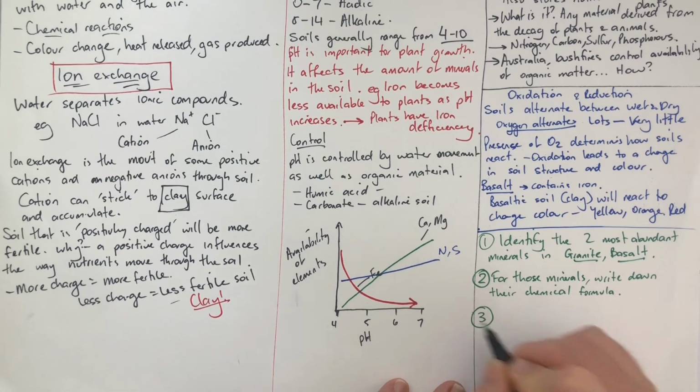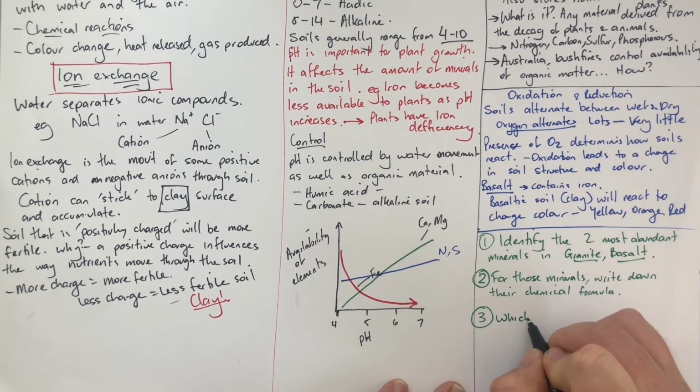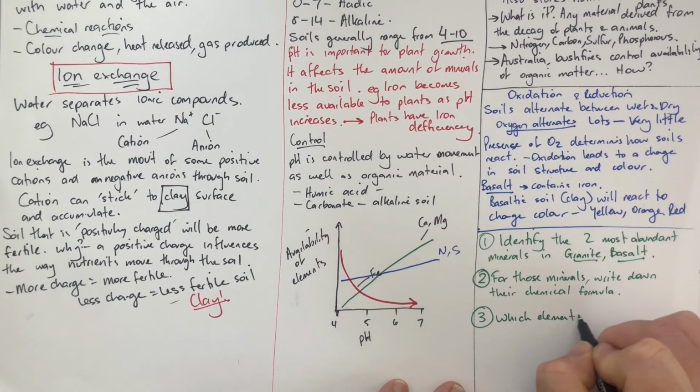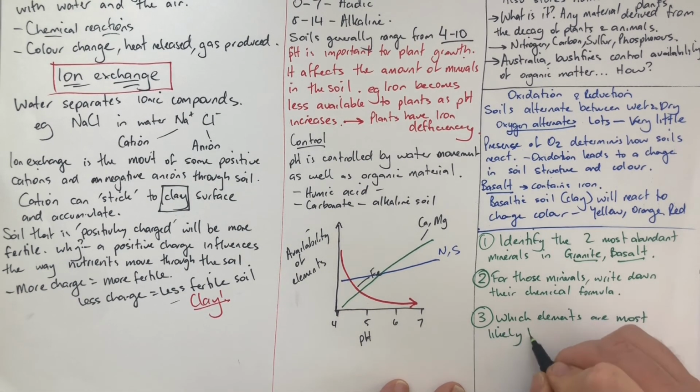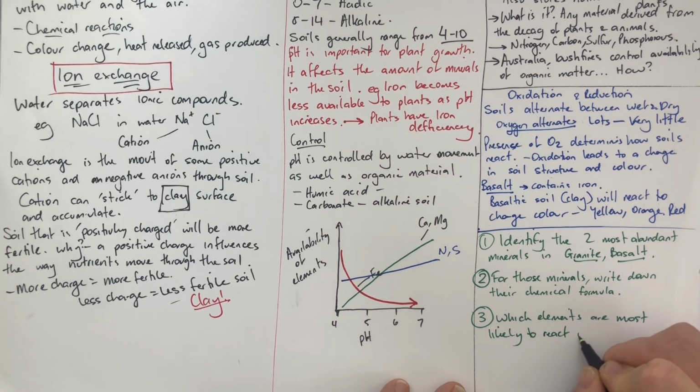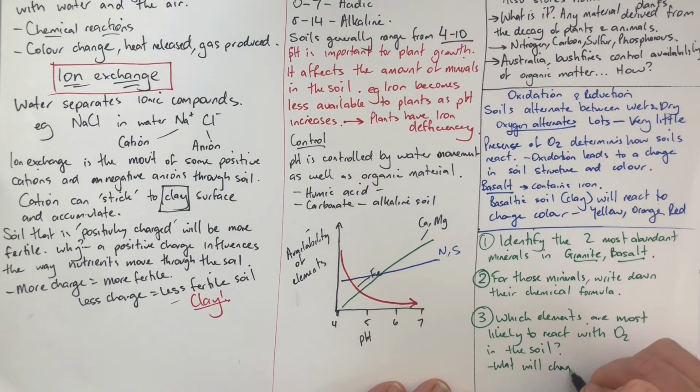So the final question, after you've got those formulas, I want you to say which elements are most likely to react with oxygen in the soil. And what color will you get? What will change?